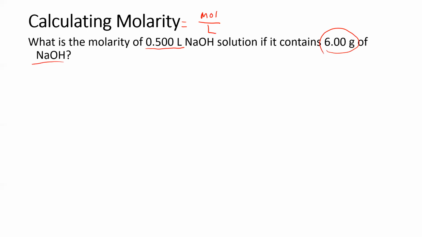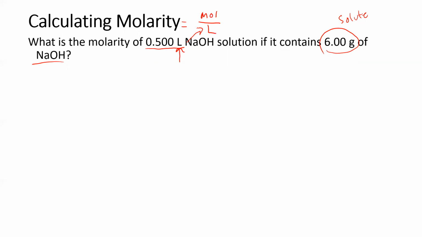So 6 grams is my solute, the lesser amount. And they tell me it's a sodium hydroxide solution, so the sodium hydroxide is the solute. So I have my volume measurement in terms of liters. That's great. I could plug that straight into the denominator.